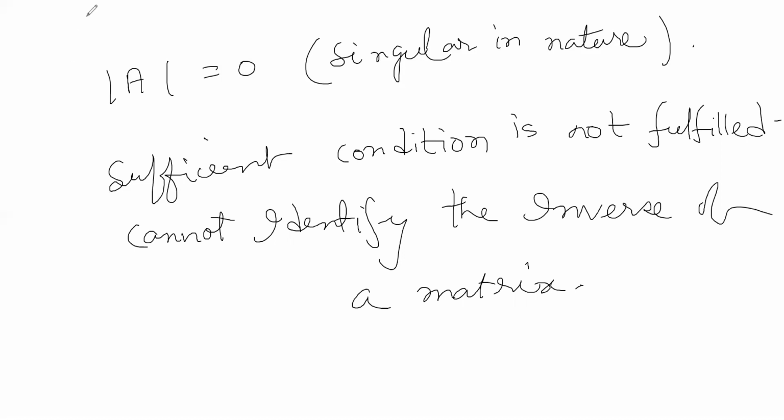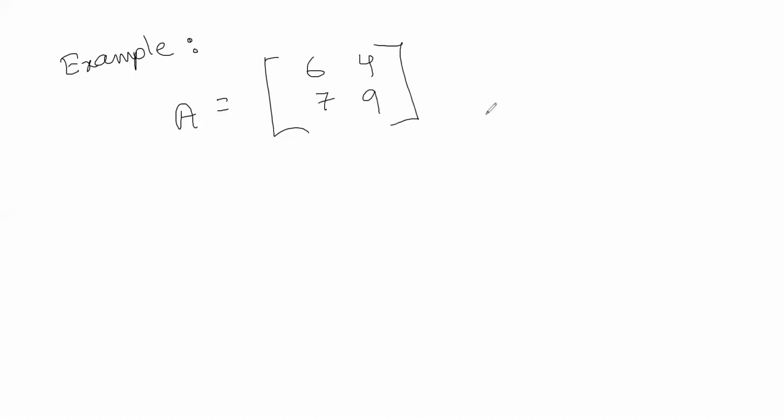Here I have shown you only a 2 by 2 matrix example. Now let's take some more examples of identifying a determinant. Let's take another 2 by 2 example, where A is equal to 6, 4, 7, 9. The question is whether we can identify the inverse of a matrix.